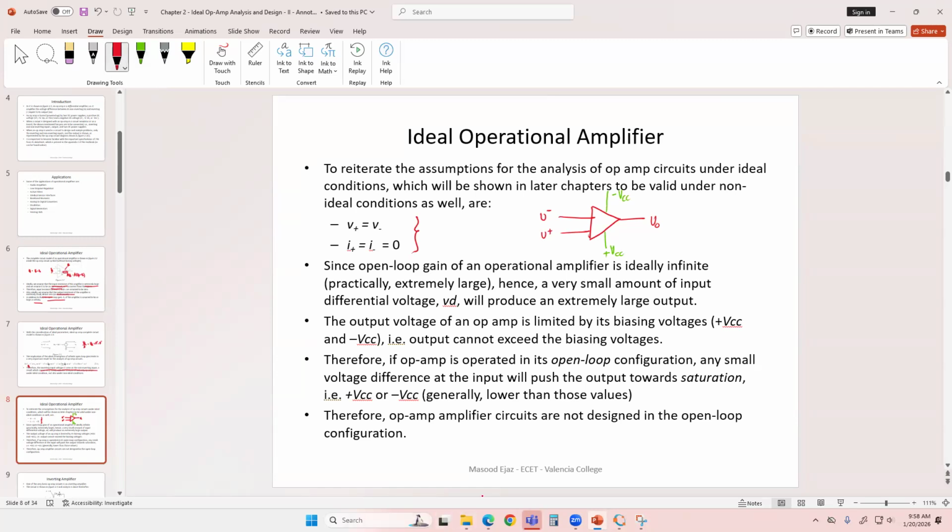Now, positive and negative VCC provides you the maximum voltage that the operational amplifier circuit can provide you. You cannot exceed that value. So if you are biasing this with 15 volt and negative 15 volt, then on the positive side of the amplified waveform, it cannot exceed 15 volt. And on the negative side, it cannot exceed negative 15 volt, because that's the maximum DC supply value.